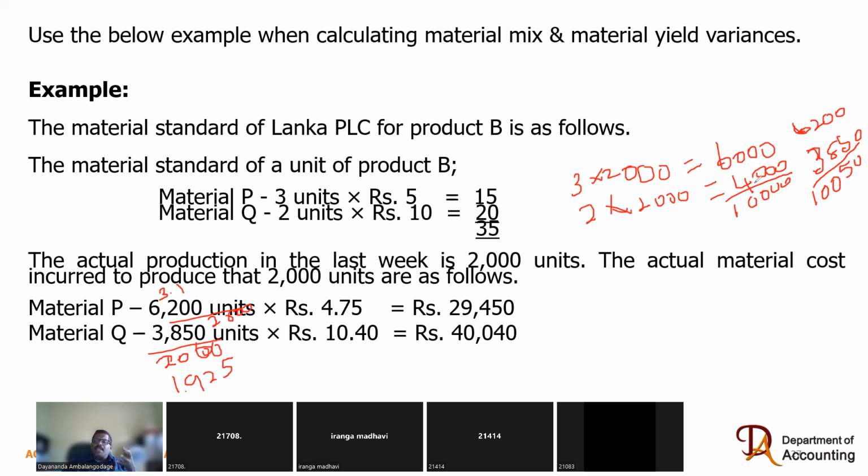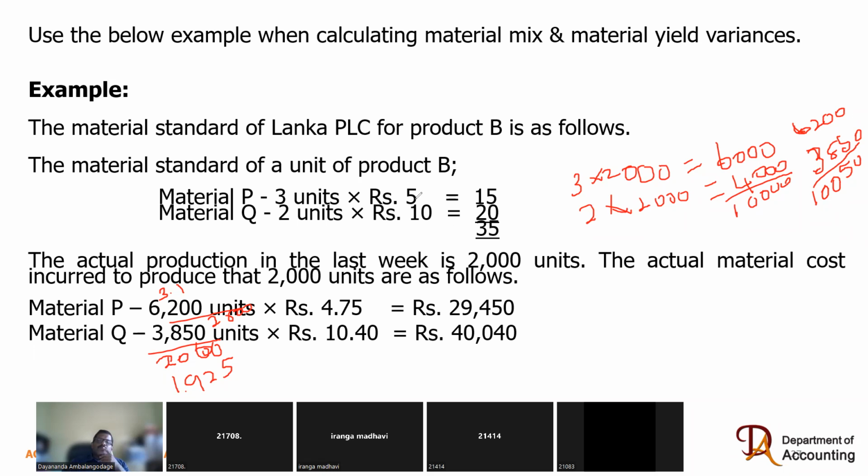Here you see that the total consumption of material P and Q is 10,000, here 6,200 and 3,850. Now, when you look at material usage, P is 2,000. You have used 2,200, which is more. And here 4,000, thereby 150 less. Multiplied by the rate, you can get the usage variance.